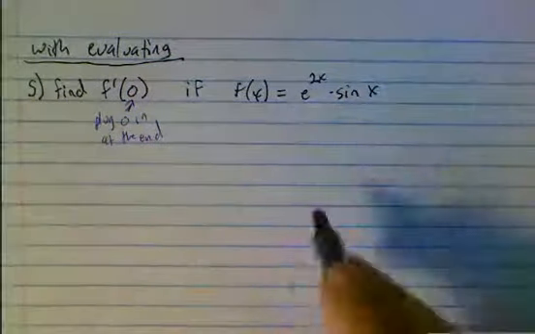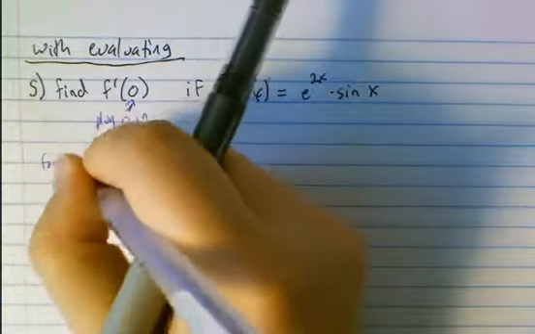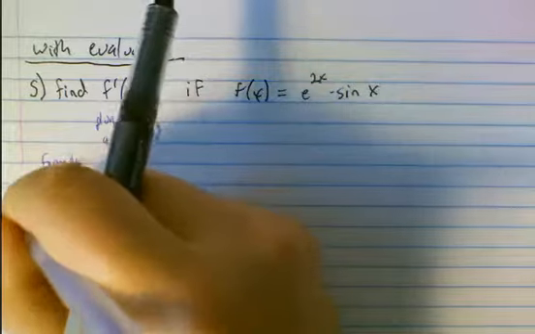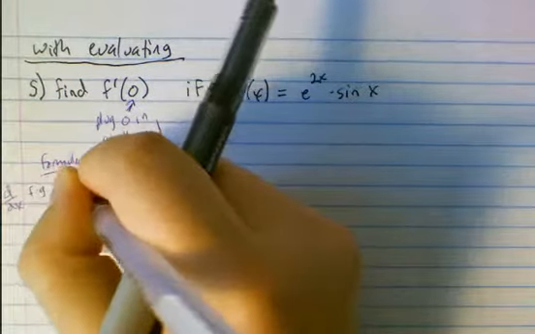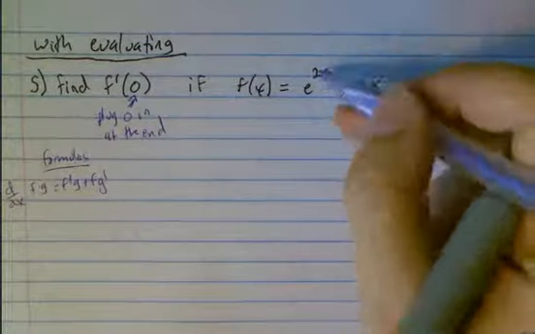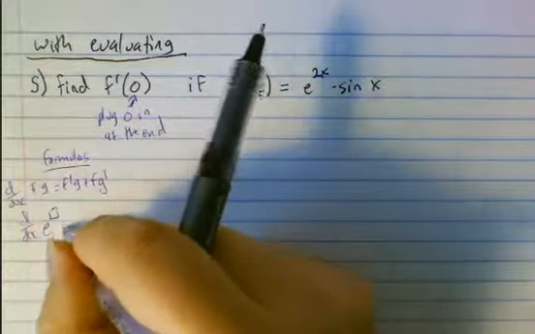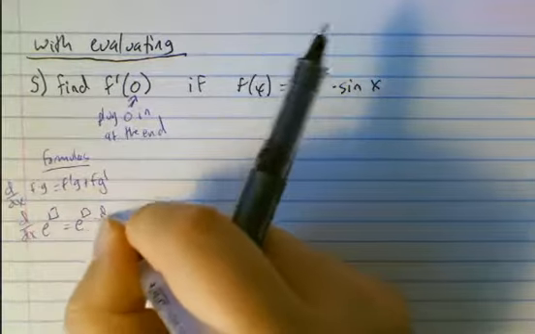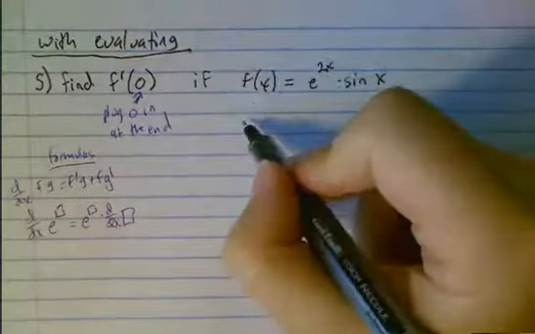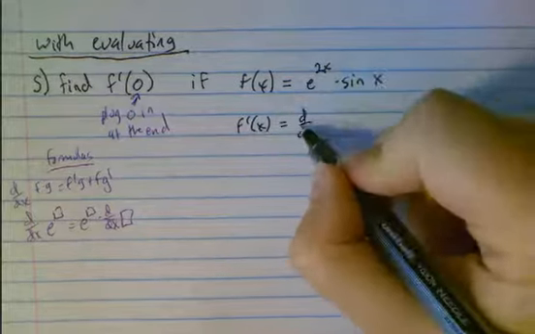So we can see that this is our product rule. We can see also that we've got a little box function right there, so we will be using again the derivative of e to the box is e to the box times the derivative of the box. So let's start with taking that derivative and using that product rule.